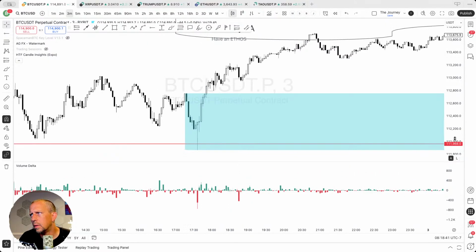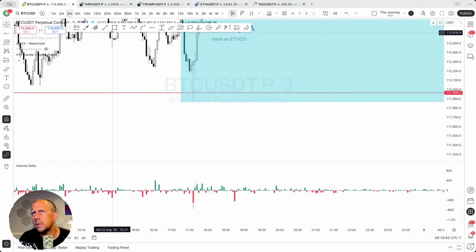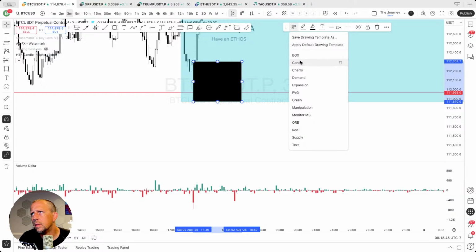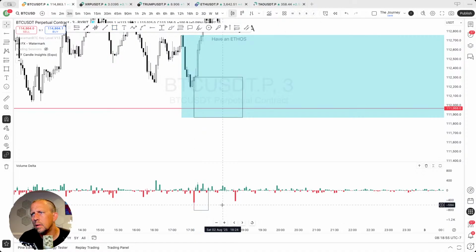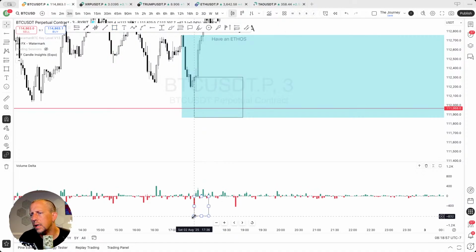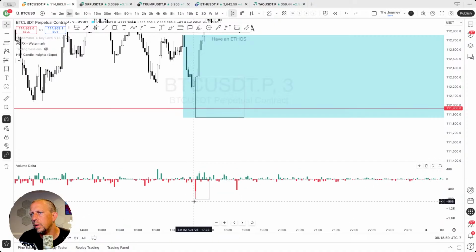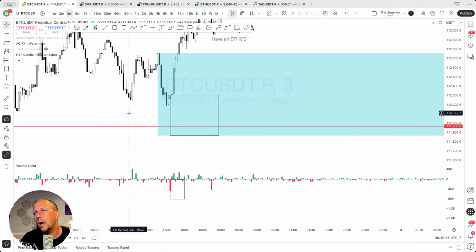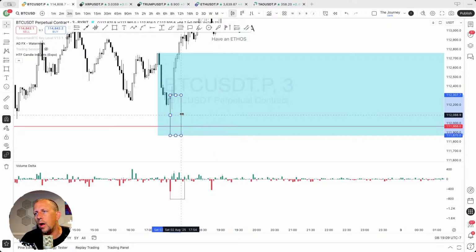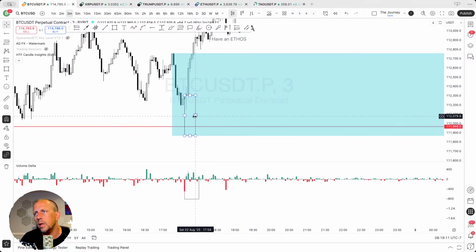So this candle, let's put a box around this candle. That candle right there contained negative 784 in negative delta, 784 Bitcoins, right? So close to $1 million. And all of that volume entered on this candle right here.